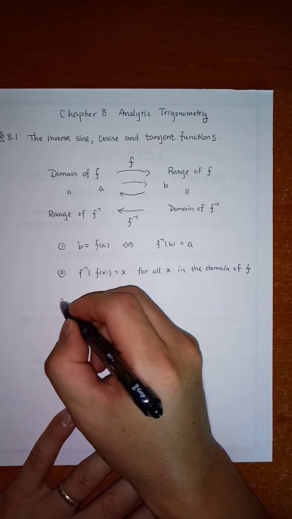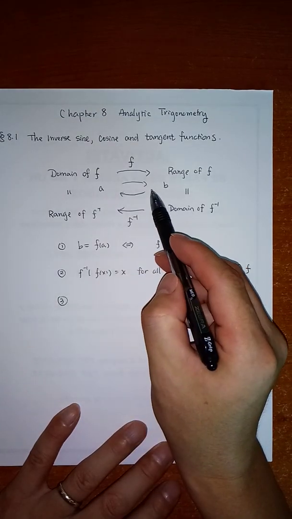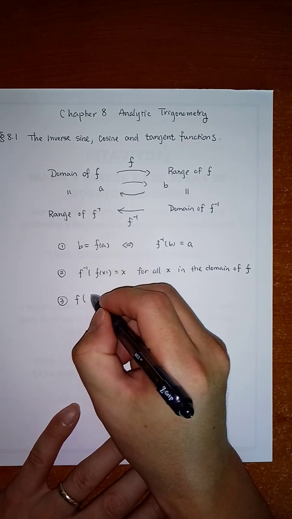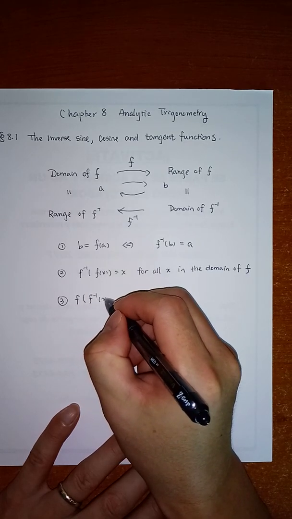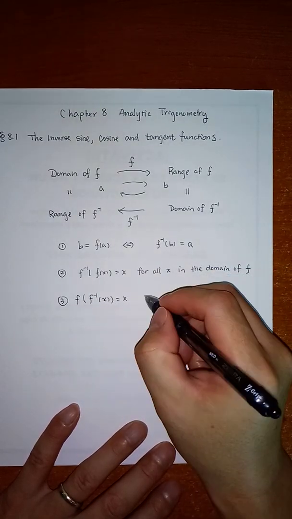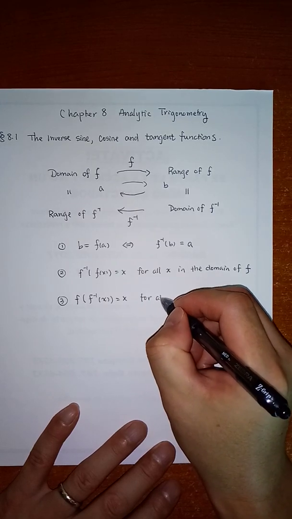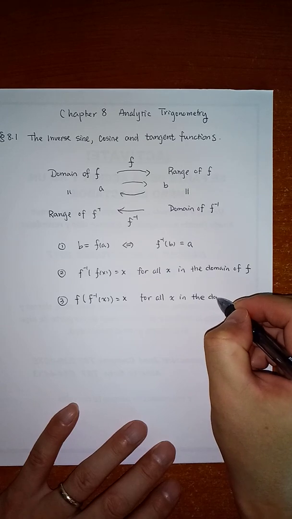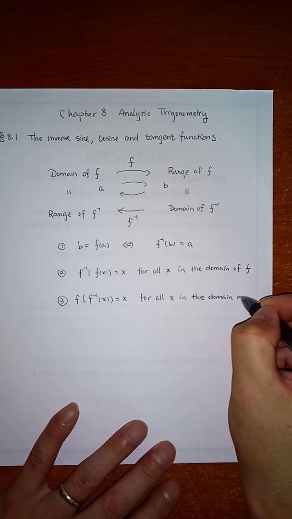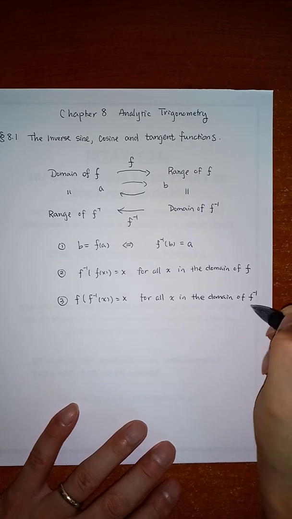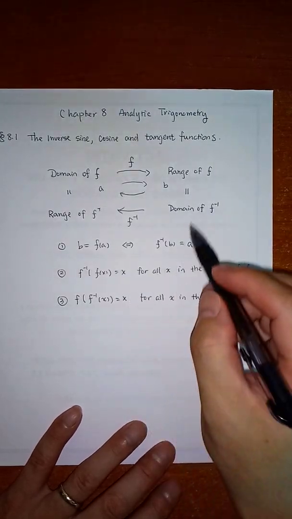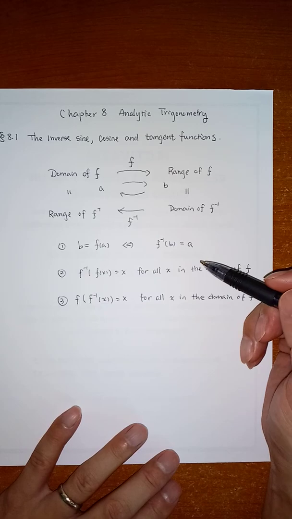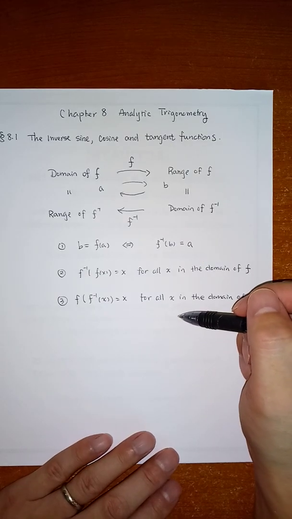Okay, and the other way, you can start from B, go to A, and then back to B. So f of f inverse of x is also equal to x for all x in the domain of f inverse. So you start from this part, you go to the left and back to the right. So that's the basic property.